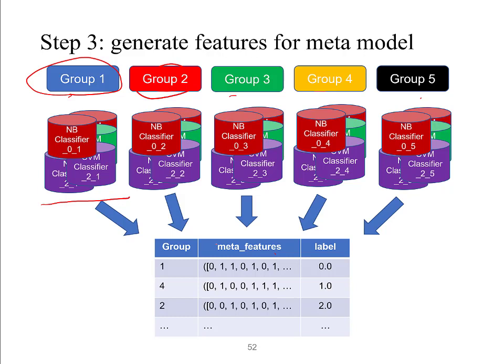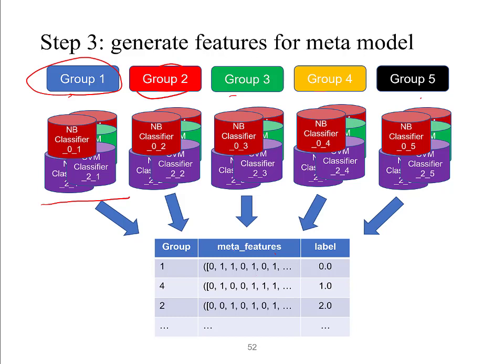Because any row in the original data frame belongs to one of the groups, 1 or 2 or 3 or 4 or 5, and according to its group, we are able to obtain the meta features.